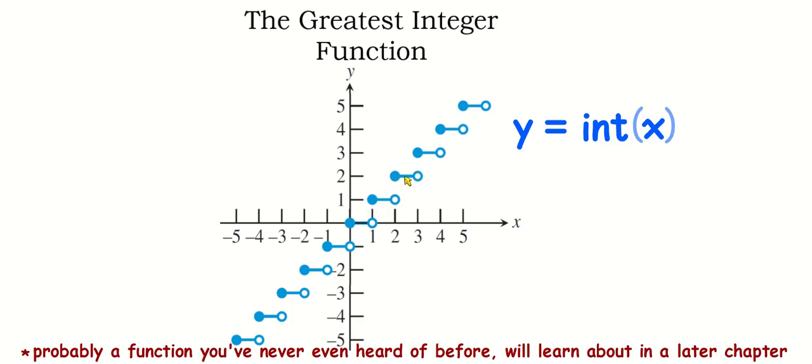Okay? If you input 2.5 for x, 2.5 right here on the x-axis, the output is 2. So if you input 2 point anything, 2.01, 2.9, 2.8754321, 2.67, the output is the greatest integer.